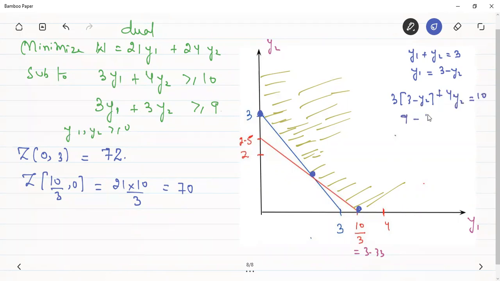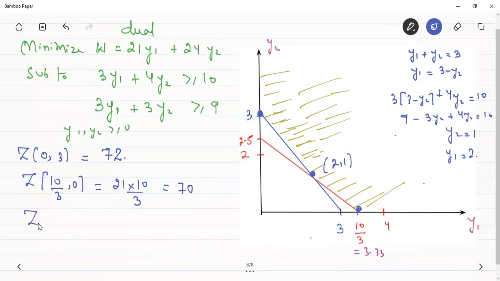So 9 minus 3y2 plus 4y2 equals 10. Therefore y2 is equal to 1. Since y2 is equal to 1, y1 will be equal to 2. So this corner point here actually is (2, 1).